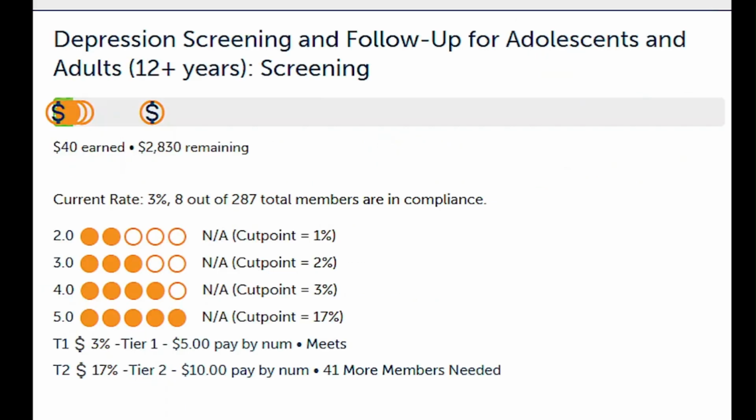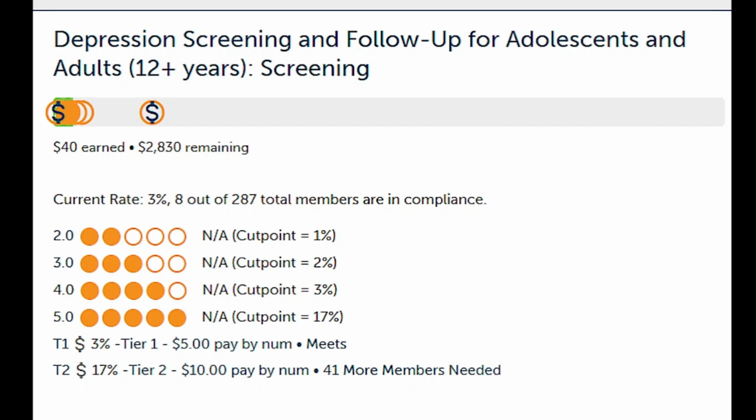This is a sample practice. At a given time, they had only earned $40 under this care gap measure called depression screening. If you can see this current rate, it reads 8 out of 287 total members in compliance. So 287 here is the denominator. When the clinic had not closed any care gaps or they were performing very few screenings, they only addressed 8 patients for this measure. They had 287 members.